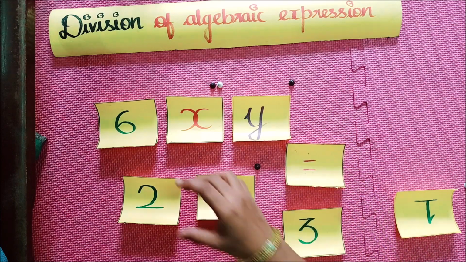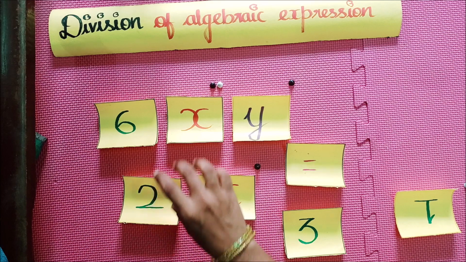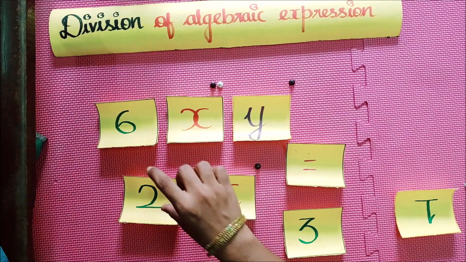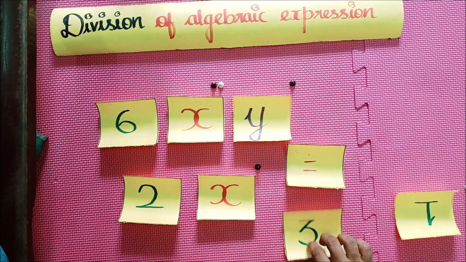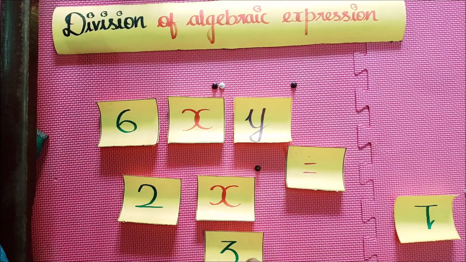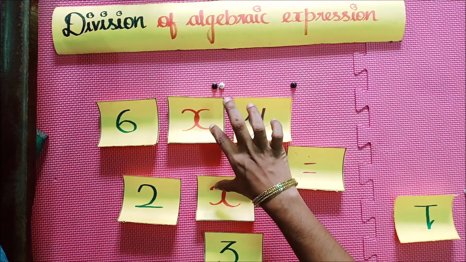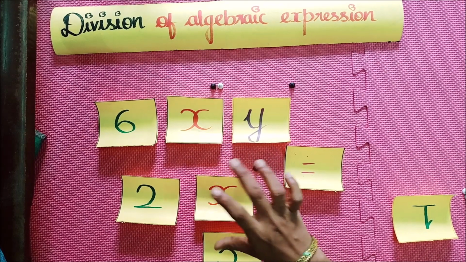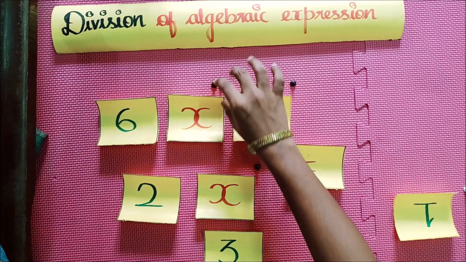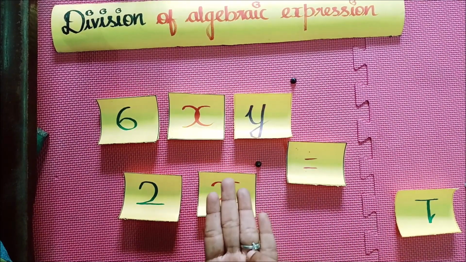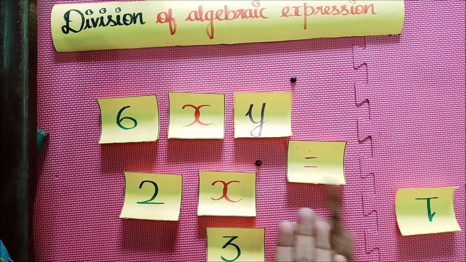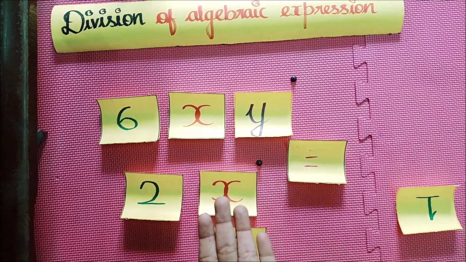So you have to first check the coefficient values, both contain coefficient values. First divide that. 6 divided by 2 is what? 3. So you can put that 3 here and check the x terms. Numerator and denominator contain the x term. So take the powers. Here the power is 2. In the denominator the power is only 1.